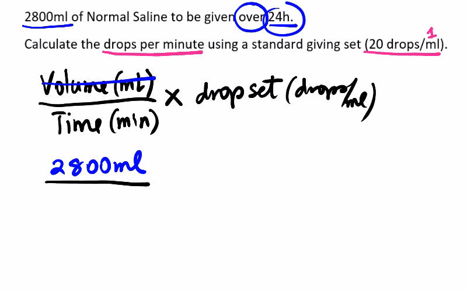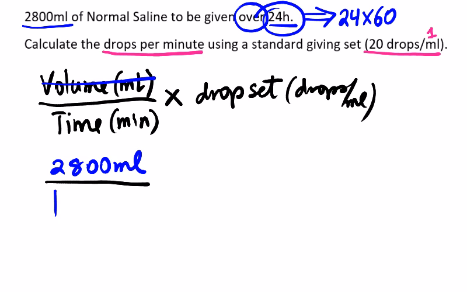which in this case is 24 hours, but we cannot use it in hours. We need to change this into minutes. How do we change 24 hours into minutes? Multiplying the 24 by 60. So we can even just do that calculation separately and then add it here to the fraction that we have.